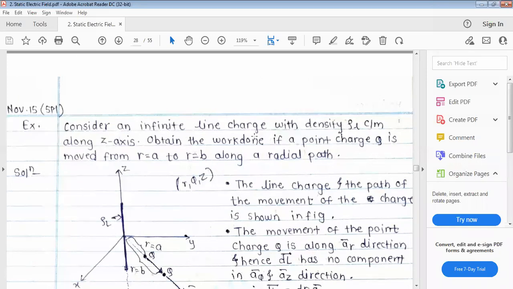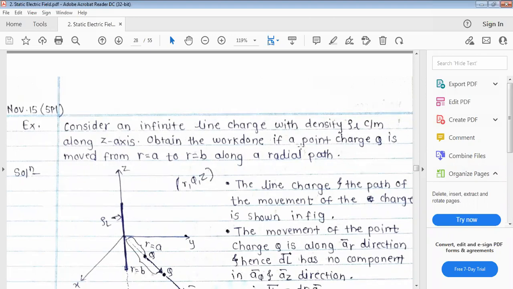Consider an infinite line charge with density rho l coulomb per meter along the z axis. What is given? One infinite line charge is there along the z axis. See the diagram here.